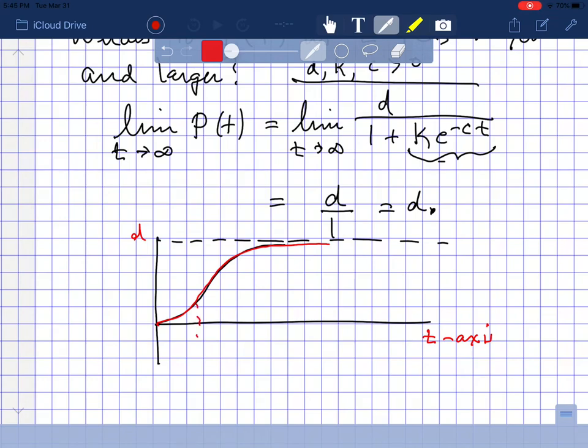Initially, down here, we have exponential growth. This looks like the simple population model that we presented initially. But then something happens, things roll off. And we have a point here where we're going from a curve that's cupped upward to one that cups downward. This is concave up from here to here. That's called concave up. And this is called concave down. And this point here is called an inflection point.